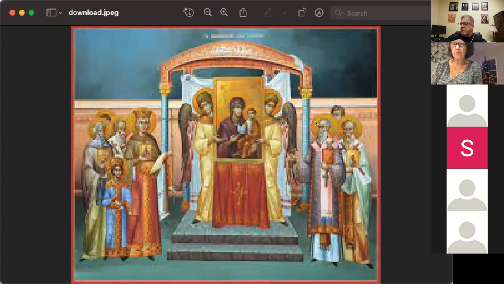Just for some reason, whoever did this icon feels that these are the ones that you should talk about, not the others. So basically what the icon will have in it, Steve, is it will have that icon of Christ in the center with his mother. That will be an icon that we'll talk about here in a second. But the people around the icon, it's subject to change.